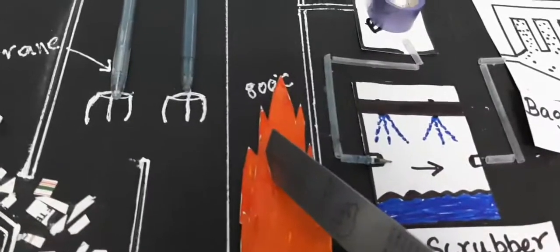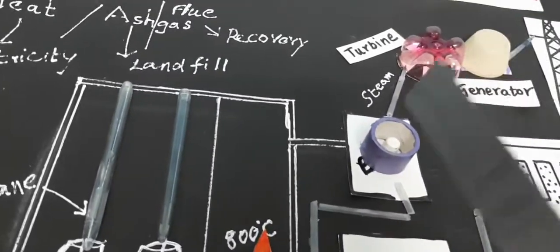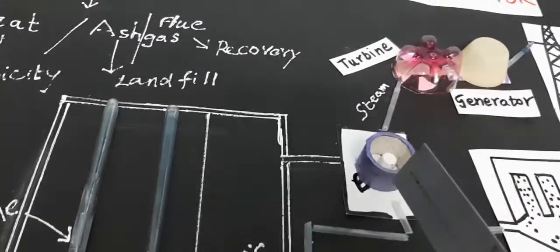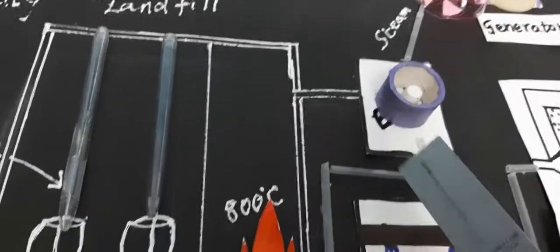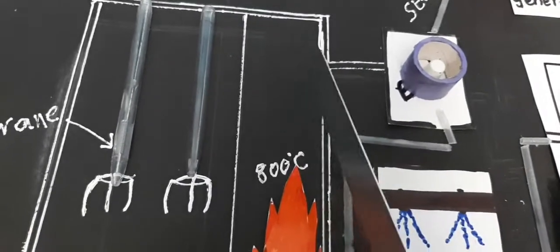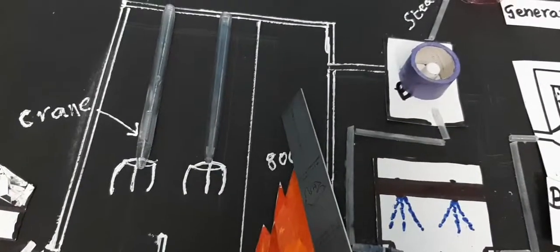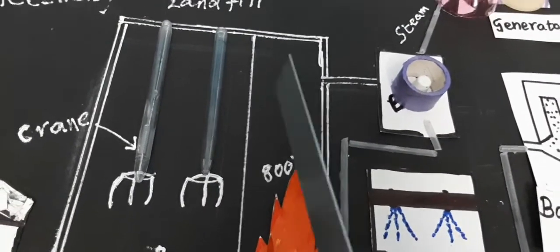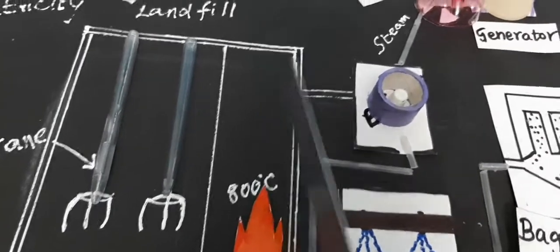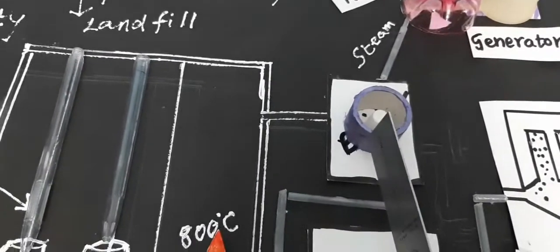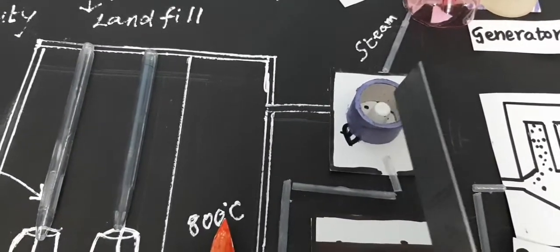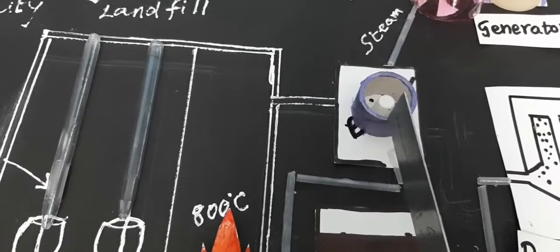Next to the combustion stage is heat recovery via steam generation. The hot gases that are produced in the chamber during burning of the waste materials are passed on to the boiler, whereby steam is produced.